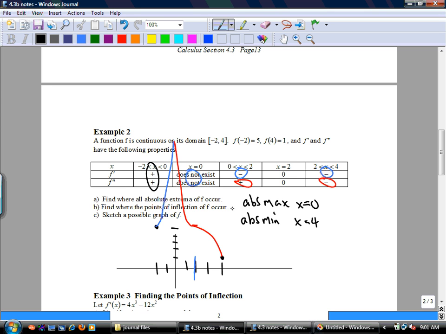Find out where all points of inflection occur. There's only one point of inflection. IP at x equals 2.